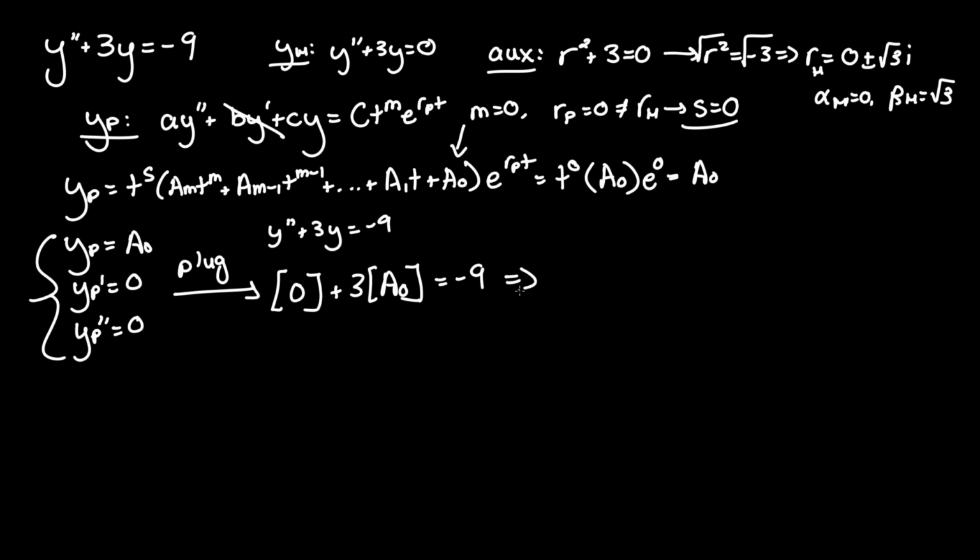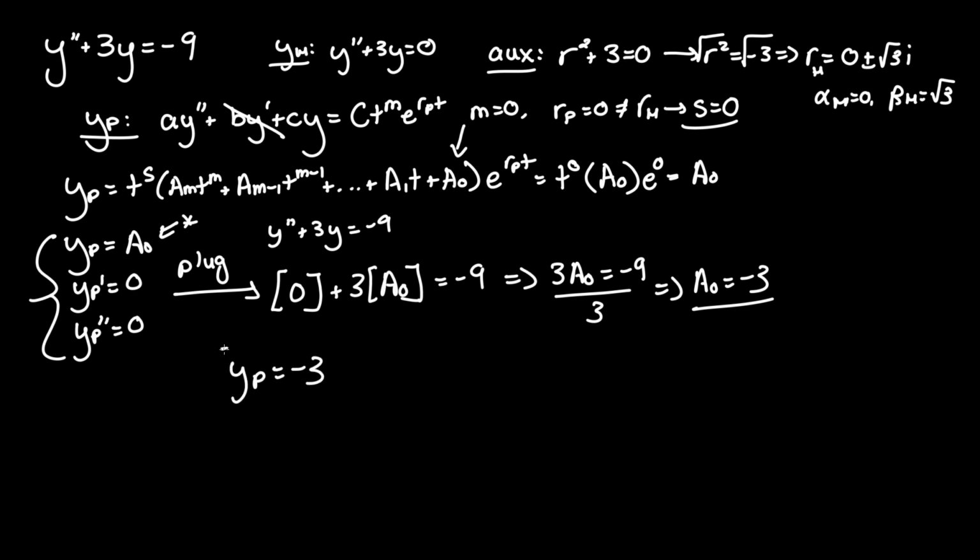And this is probably the most simple version of this problem you'll ever see, since there's only one variable and one operation needing to take place, where we have 3 a0 equals -9. So all we have to do is divide by 3, and this means that a sub 0 equals -3. And looking back to what we said here, y particular equals a sub 0. So this means that yp equals -3. And that is our solution for this question.